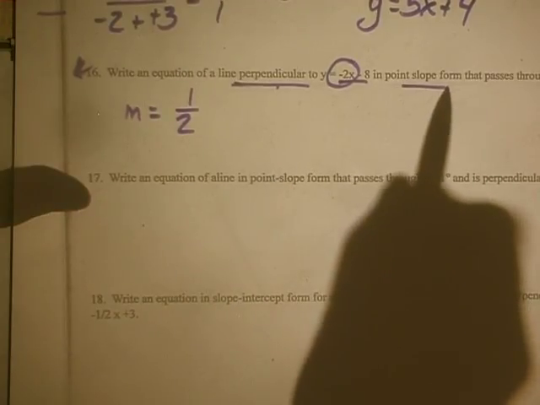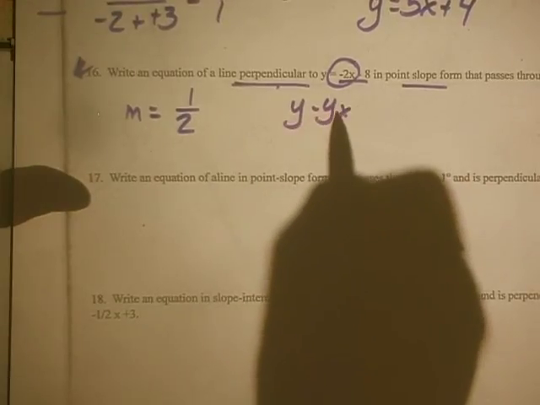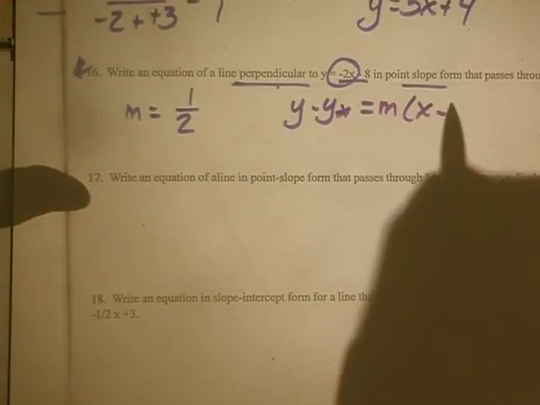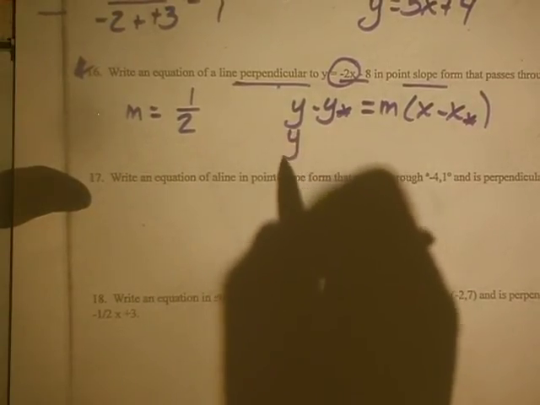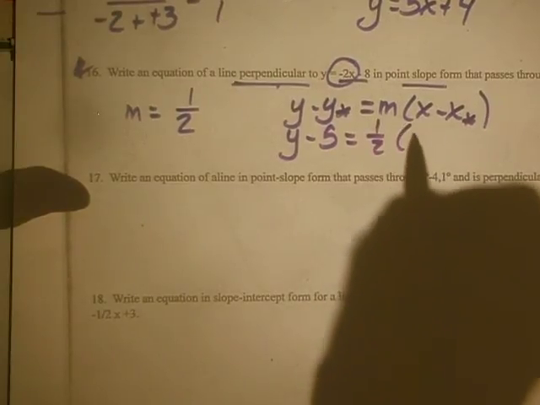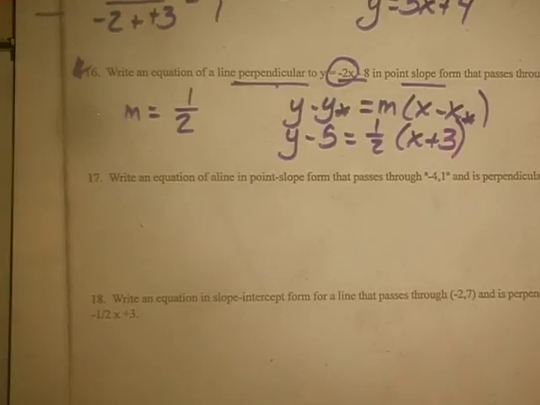So we need to substitute into y minus y star equals m times x minus x star. And when we put those numbers in, we will have y minus 5 equals 1/2 times x plus 3. Point slope form.